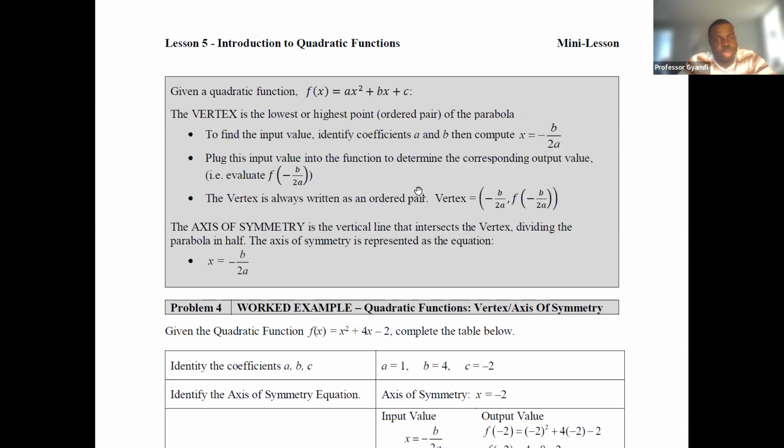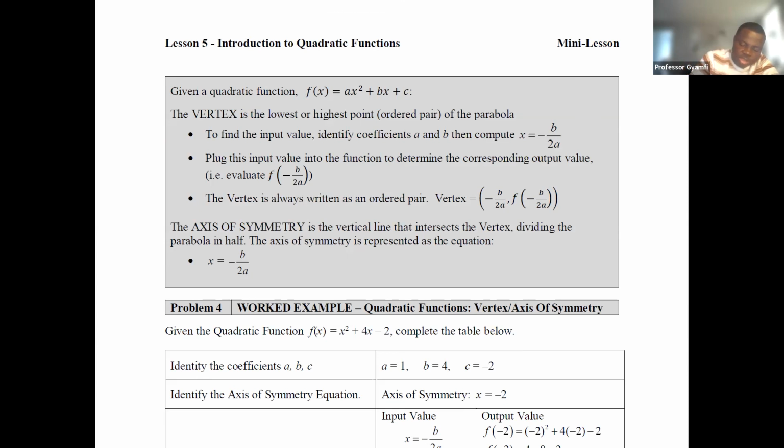Now, let's talk about some other very important aspects of the quadratic function. Given the quadratic function f of x equals ax squared plus bx plus c, the vertex. Now, what is the vertex?